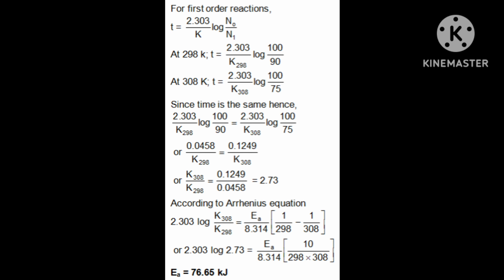The formula I discussed last class: log R0 upon R, or R1 upon R2, is equal to k times (T2 minus T1) divided by 2.303.